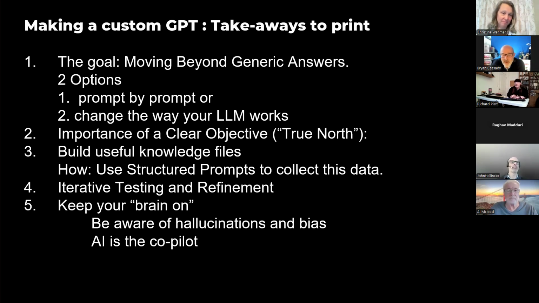If you want to do this right, you need a clear objective. After you have your objectives, you want knowledge files which are useful. You want to test and refine. And the last one is probably underrated: you have to keep your brain on and realize that AI is not the solution to all your problems. AI is a co-pilot in the process.